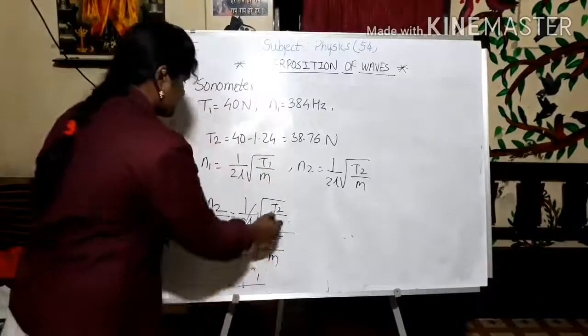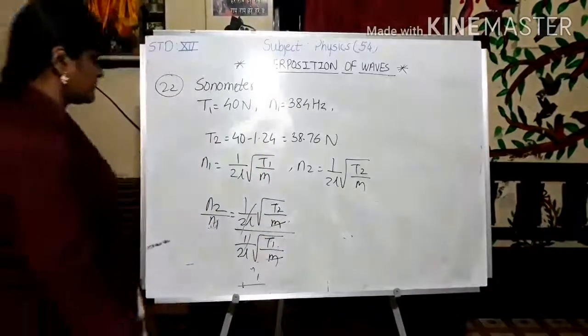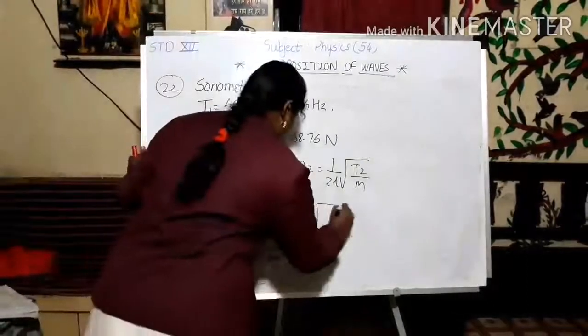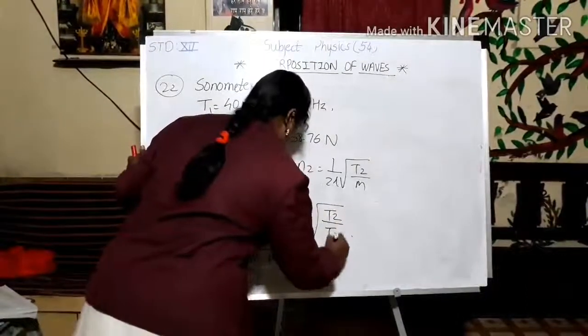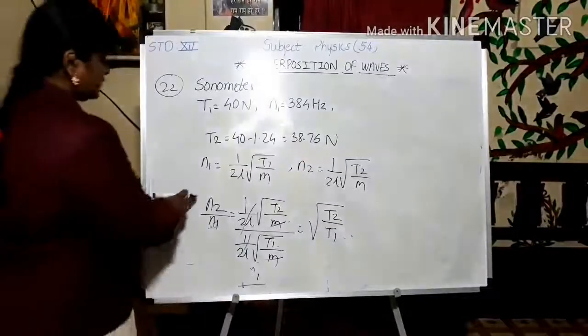This term will get cancelled, this term will get cancelled. You will get N2 by N1.